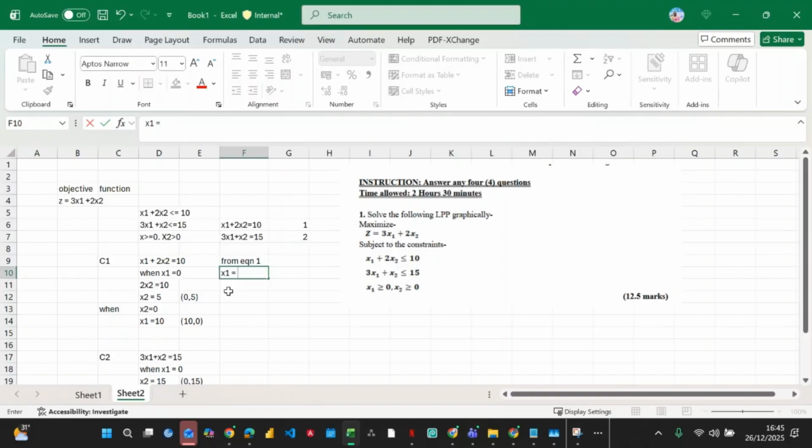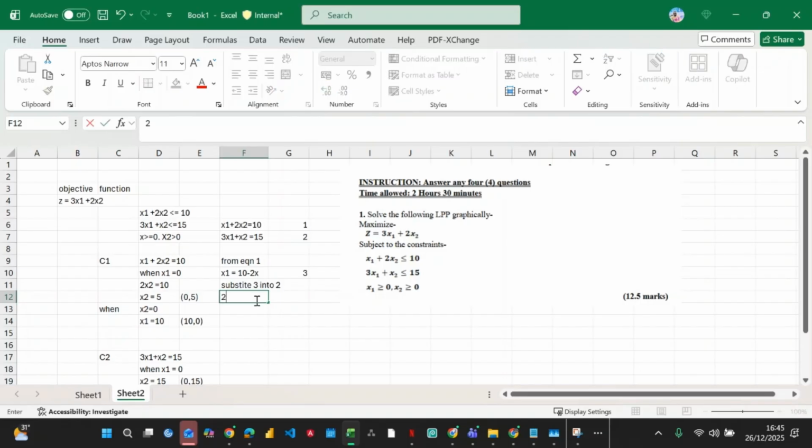So our x1 in equation 1 is now equals to 10 minus 2x2. So we have defined our equation 3. So we now substitute. We want to substitute equation 3 into equation 2.